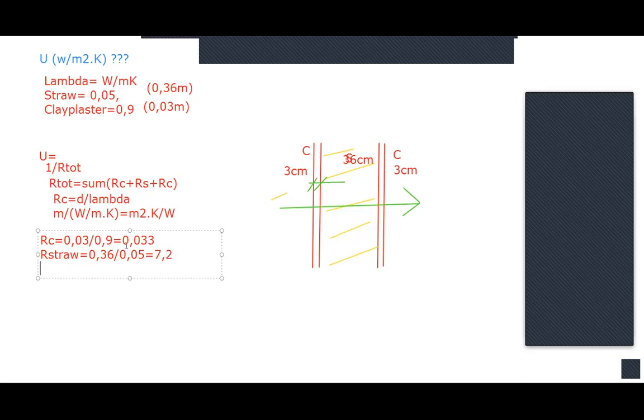So our R total is the sum of 0.033 plus 7.2 plus again 0.033, because this is again on the outside. We have again 3 centimeters of clay plaster, and in total... There's a 0 missing at the second. Thank you.